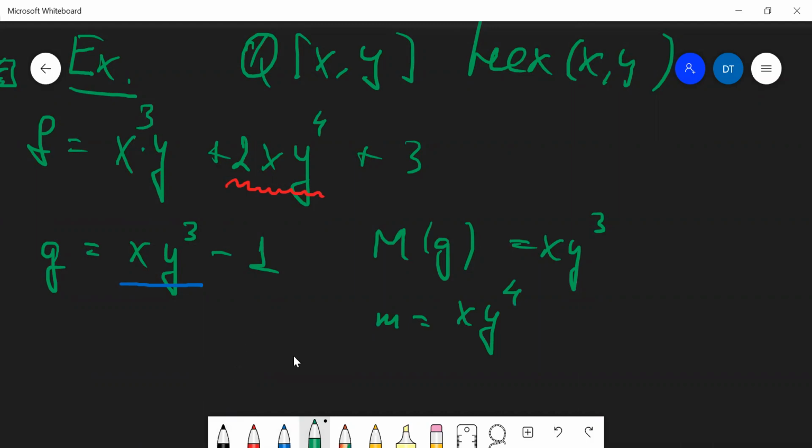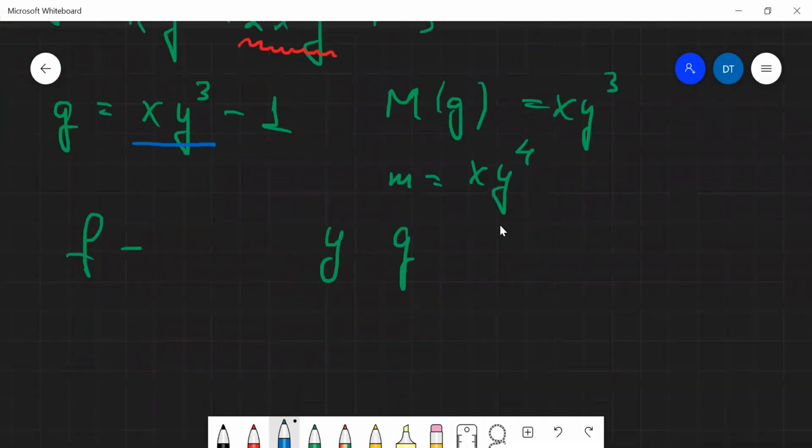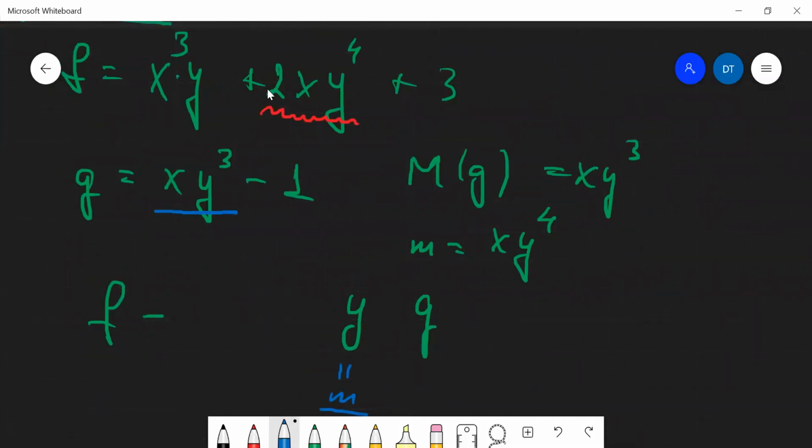Now what I do is take f and subtract g multiplied by 1. I want to cancel this term by this guy. In order to cancel this term, I should multiply by y first, and y is what was m divided by m of g. And also, I have to multiply by the corresponding coefficient 2.